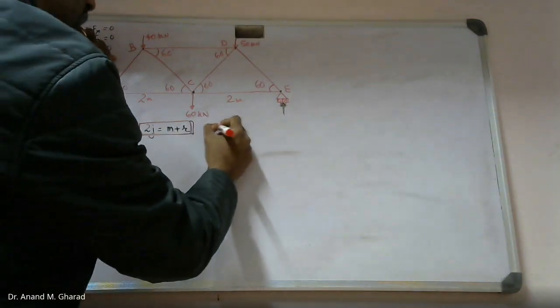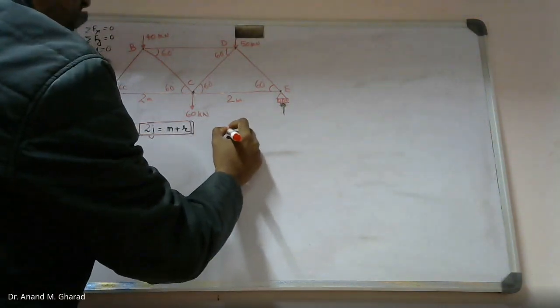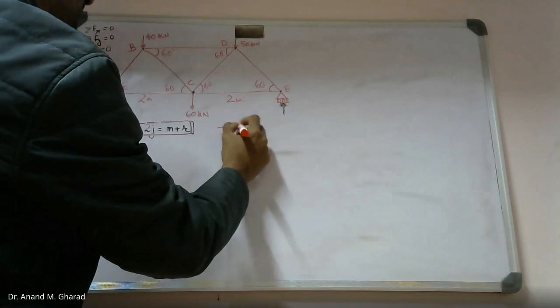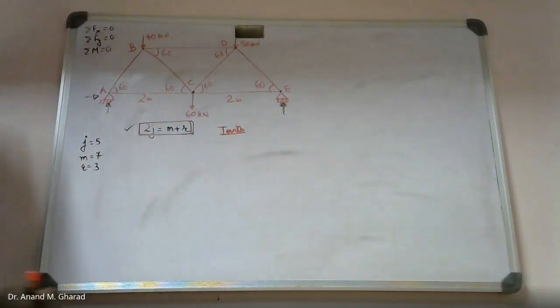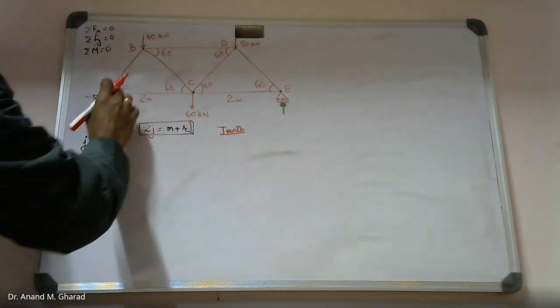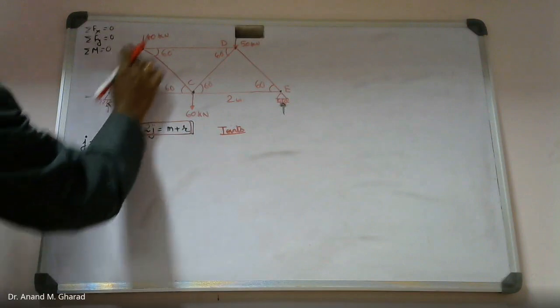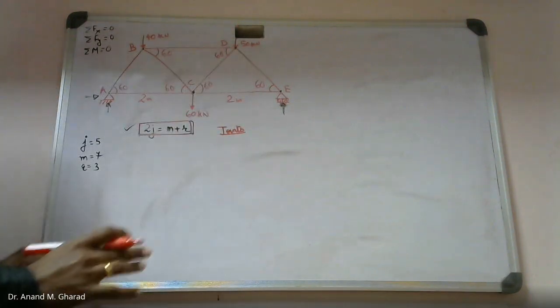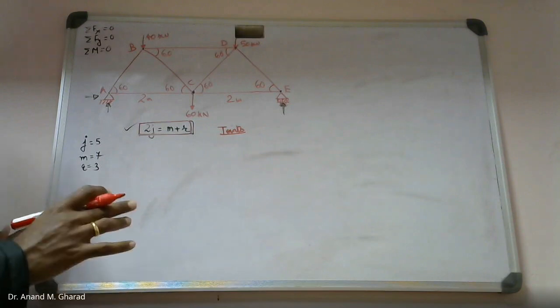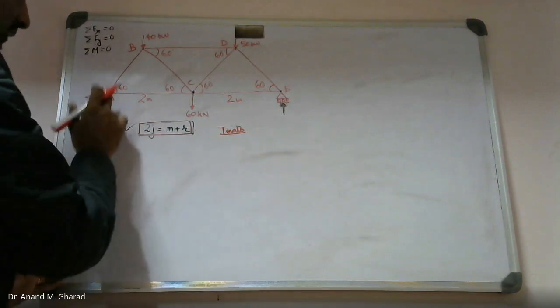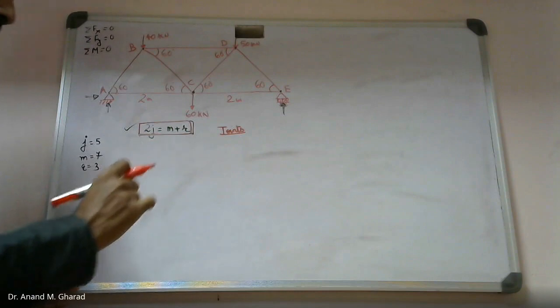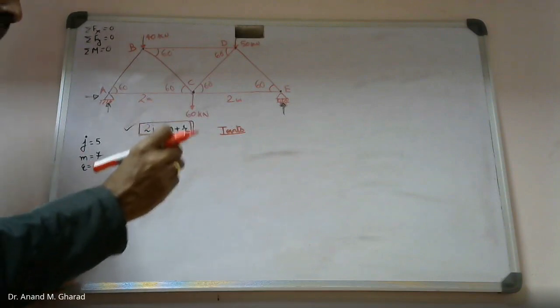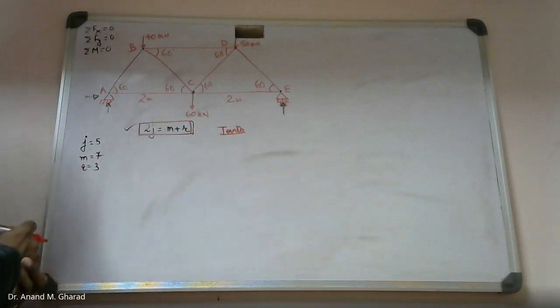Let us assume the first method, the method of joints. In the method of joints, the joints are separated in such a way that the supports represent the different members attached to them.